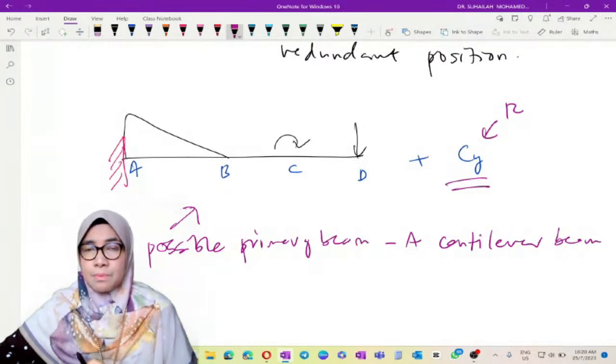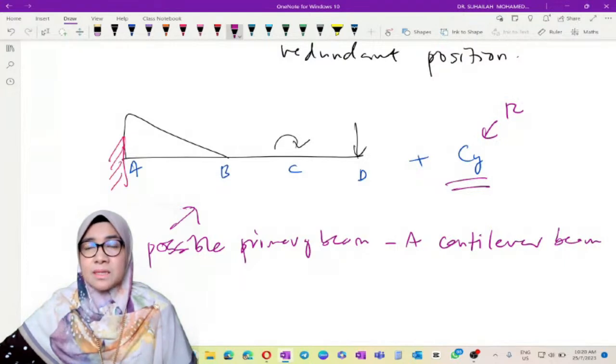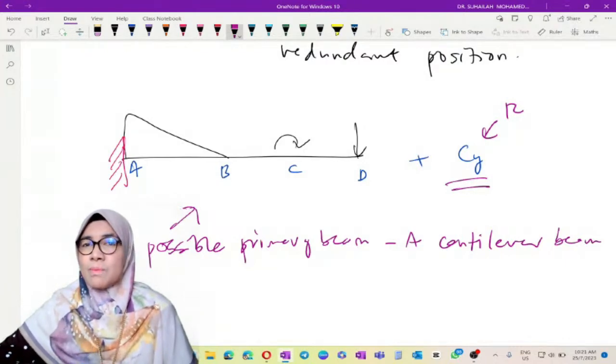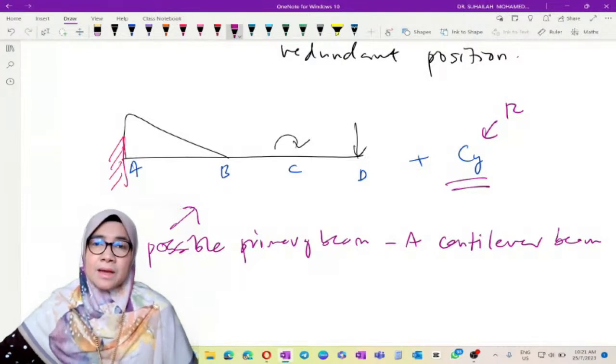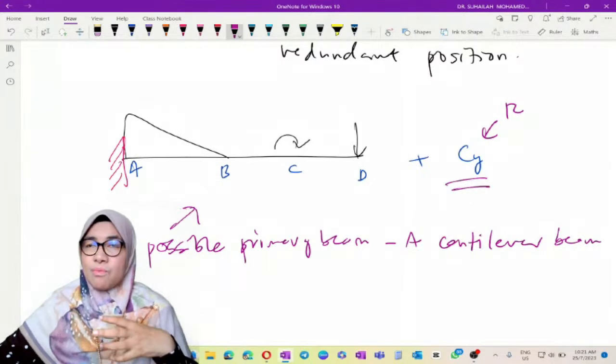In order to get a simply supported beam, since A is fixed and C is a roller, we have to have one pin and one roller, so we have to remove the moment at A. Once we remove the moment at A, the fixed support becomes a pin.